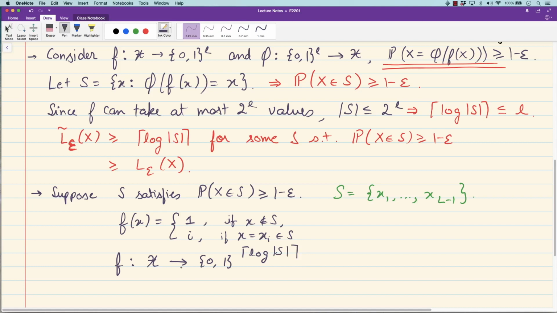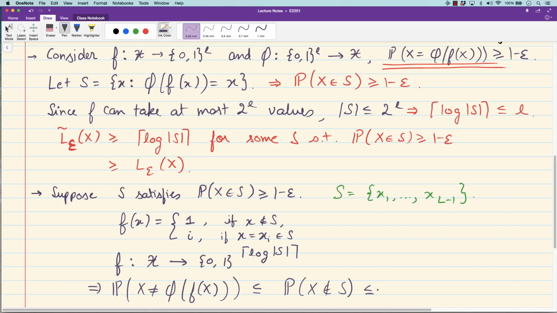And now what is phi? Well, phi is very simple. When I see a number between 1 and L minus 1, which is stored here, I just declare x of i. So I'll be correct for everything except when I see 1 and actually the x was not coming from S. So in this case, probability that x is not equal to phi of f of x, this error can only happen if x does not belong to S. Otherwise, I'll be correct.